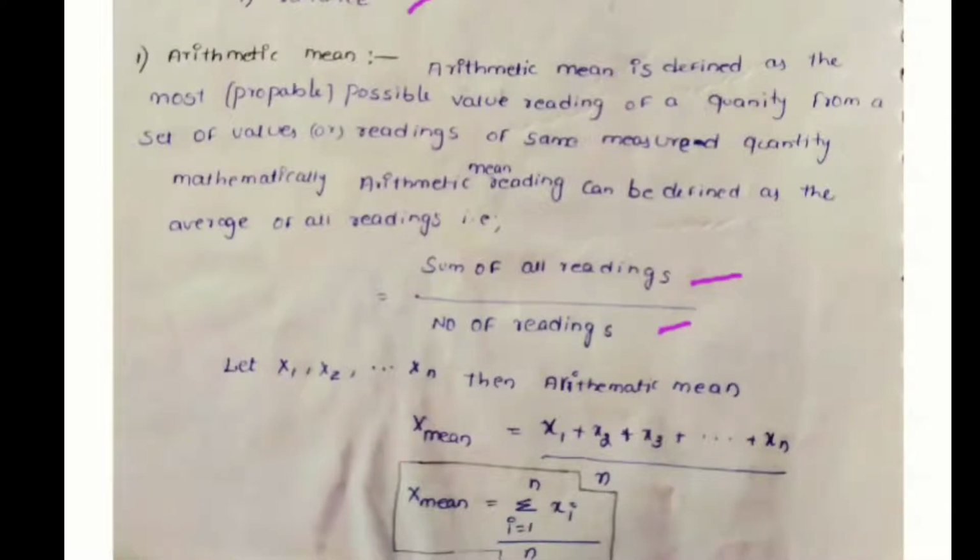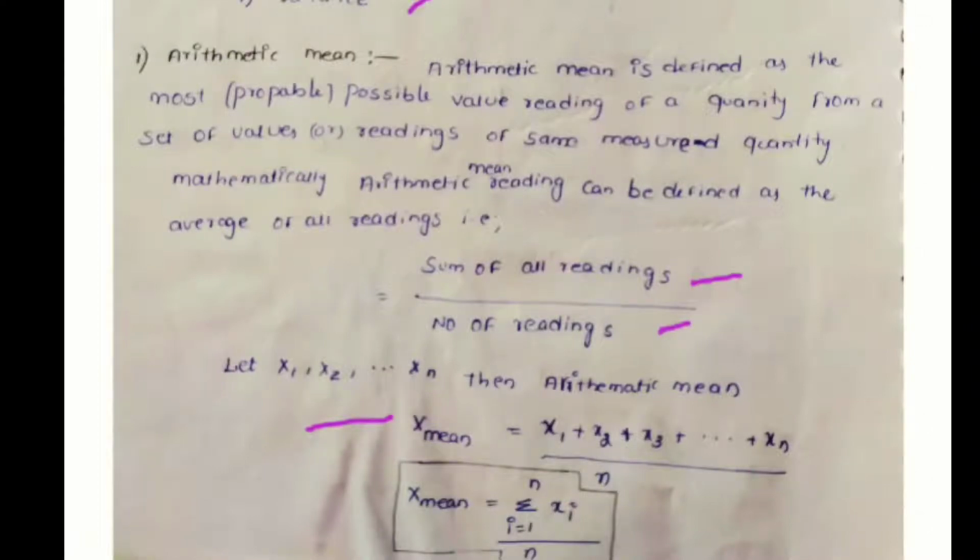Let x1, x2 and so on be the readings we consider, and let the count be n. Then x mean equals (x1 + x2 + x3 + and so on up to xn) divided by n. That is the summation of all readings divided by the total number.